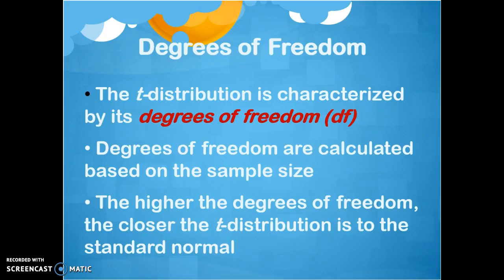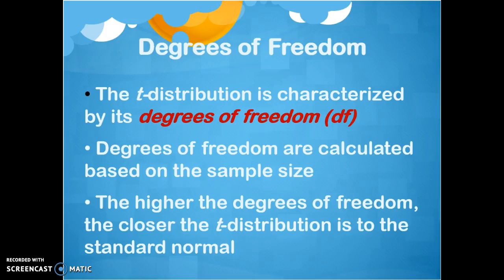The closer our sample size is to the population size, in other words, the higher our sample size, the closer to the normal distribution we will get, which should make some sense. The more cases we're able to take, the closer our distribution will be to the normal distribution.